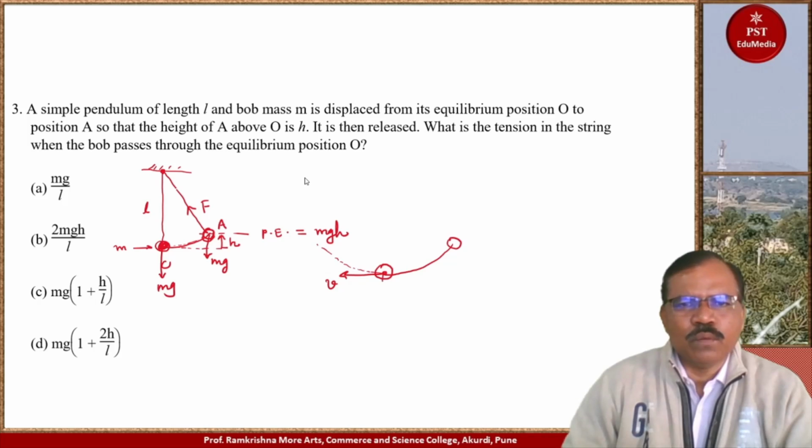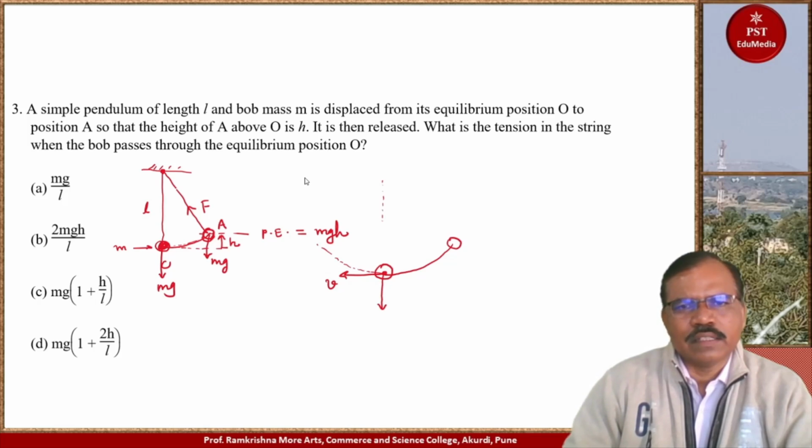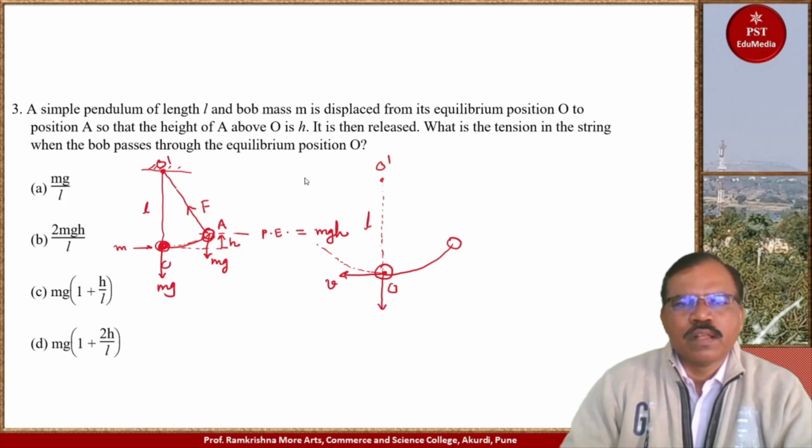So what happens? We have one force, and now it is a circular arc of radius L about this point. I will call this O dash. This is O. This is the direction of tension along the string.